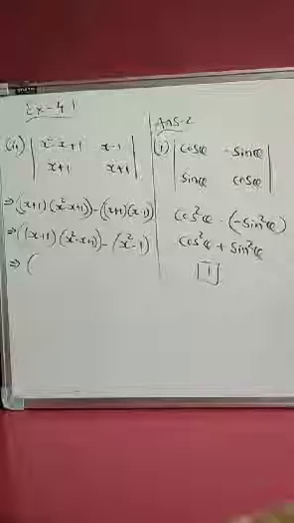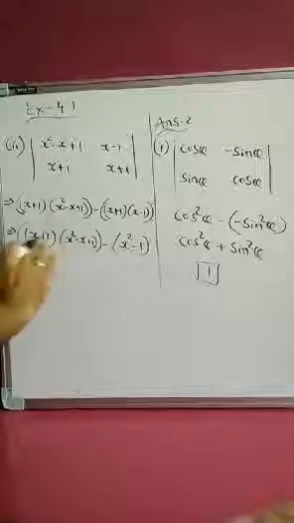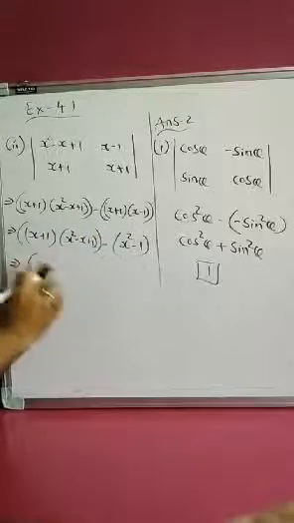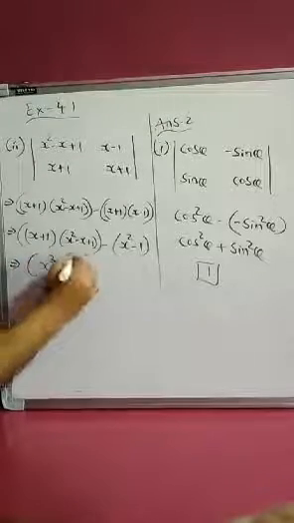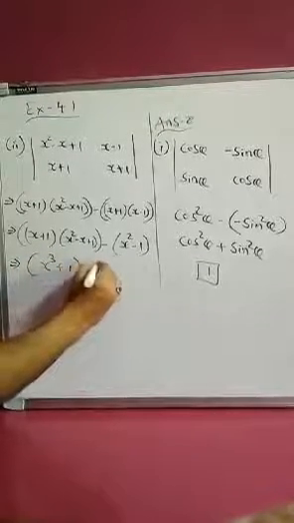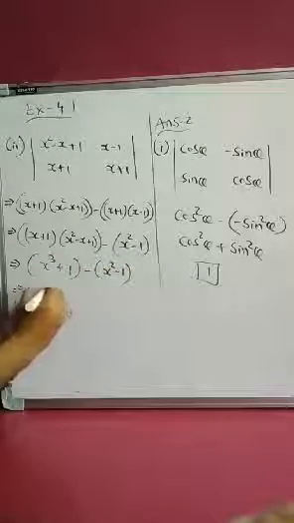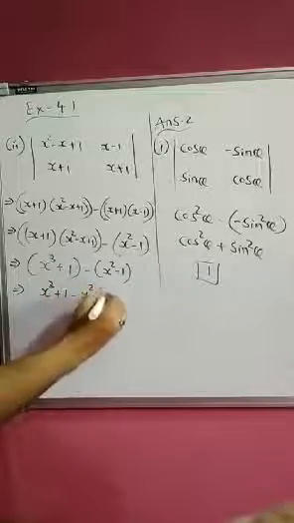You can solve it also, but here our formula is there. The formula gives a cube plus b cube, minus x square minus 1. Now x cube plus 1 minus x square plus 1.